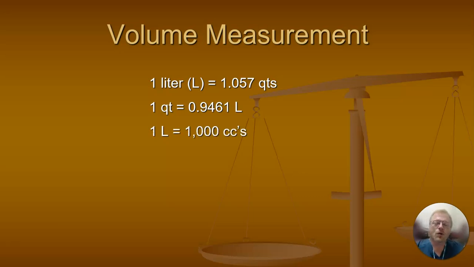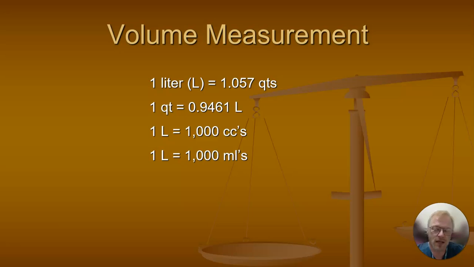Now, what's important for you to note here is that 1 liter is equal to 1,000 cubic centimeters. That's what cc stands for. 1 liter is also equal to 1,000 mLs, milliliters.